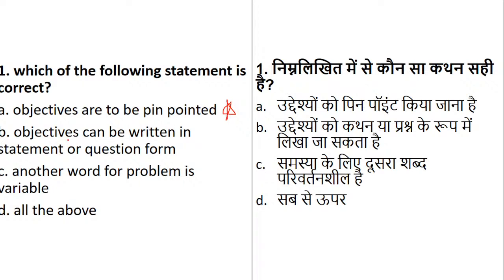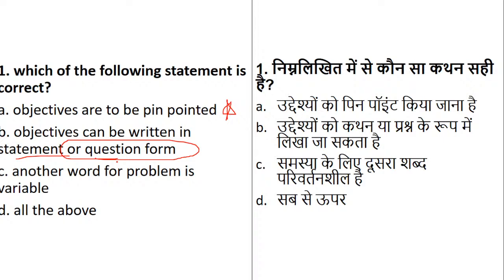Now what is the second option? Objectives can be written in statement or question form. So please try to update your knowledge here, everyone. Research questions and objectives, there is a difference. Research objectives are always stated in a statement form. It has to be SMART.